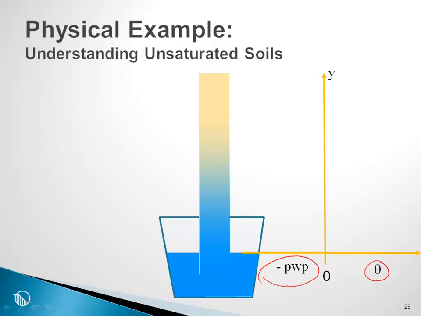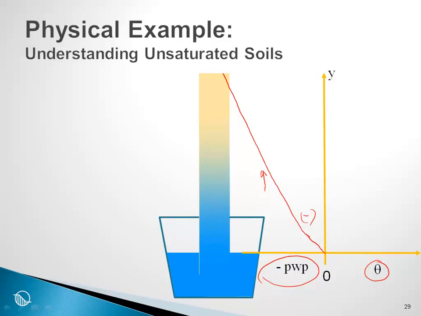I think you can all agree that the pore water pressure above the water table, so to speak, is negative, and in all likelihood you would tell me that it is negative up to the ground surface, at least over a large distance, hydrostatically negative. Now maybe this curve isn't exactly linear, but the main point is that the pore water pressure is negative, and it becomes more and more negative the higher we go in this direction.